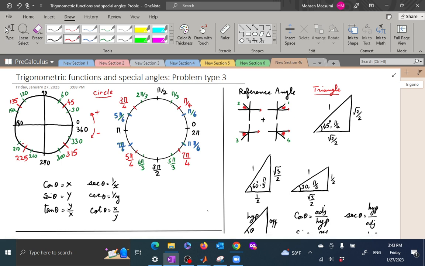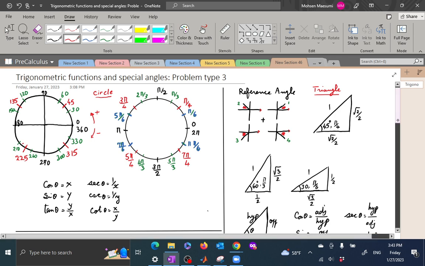Remember, positive means counterclockwise, negative means clockwise. Degrees go from 0 to 360. In radians, you go from 0 to 2 pi. For every point on the circle, you have an xy coordinate, and based on that coordinate, you define these 6 trig functions.